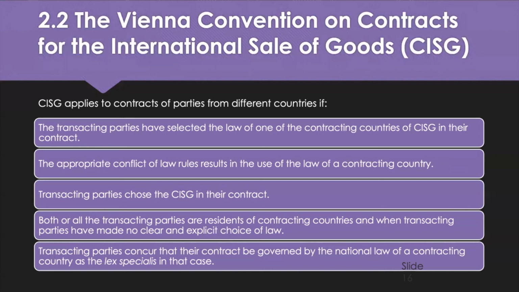It doesn't apply to certain types of goods and contracts like consumption for private or personal use, auctioned goods, the sale of stocks and shares, bonds and investments, sale of ships or aeroplanes, electricity. But in general, it does not apply to service contracts between transacting parties. So buyers and sellers may opt out of the Vienna Convention completely or partially by inserting a choice of law provision in the international sale contract.